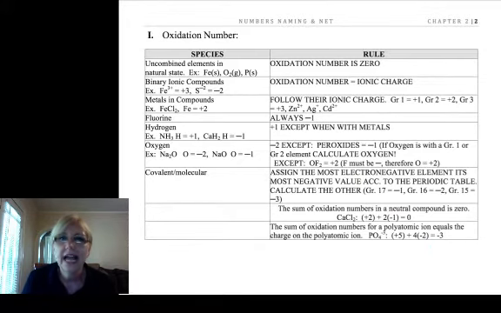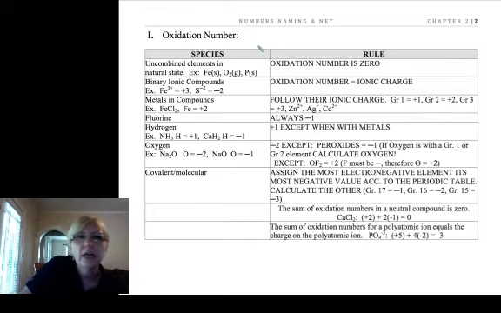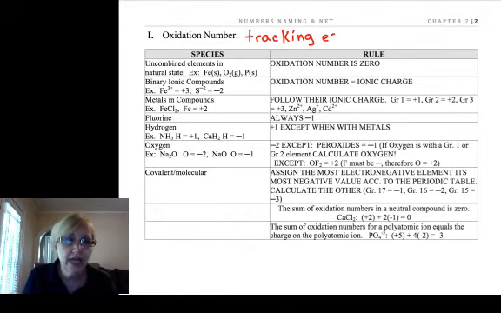Now, let's look at the oxidation numbers here. Let me backtrack to what an oxidation number is. An oxidation number is a way of tracking electrons. It's an accounting system, per se. We're not saying all the time that this is a charge on the substance. It's an accounting method to try to track electrons as we study bonding and properties.